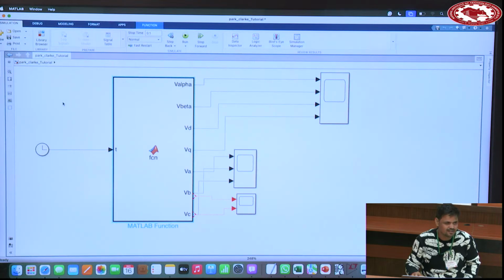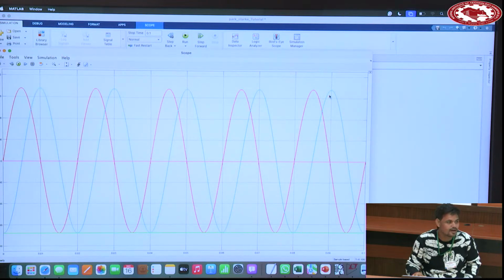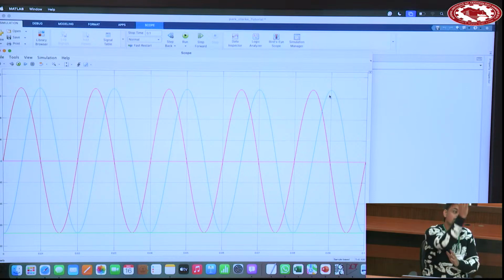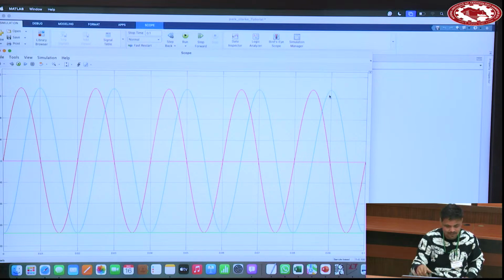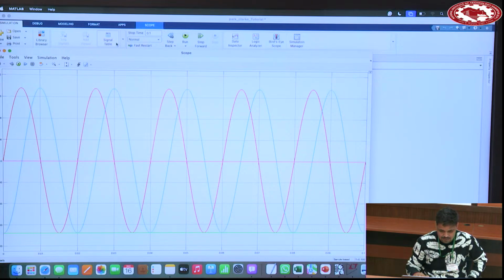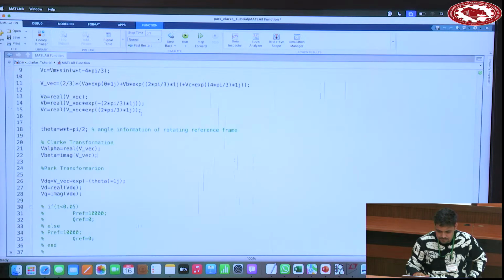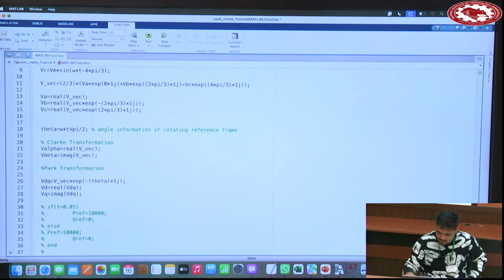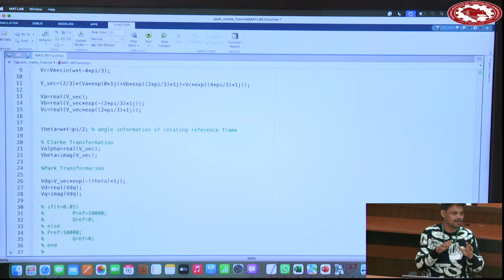The green one belonged to D, the pink one was Q. Now Q should be 0, so the pink one should be 0, and the green one should be negative peak. No, negative, because D is upward and in the space vector the position is downward. That's why. Verifying the concept: one of the components is 0. Put minus 90. Now VD will be positive peak and VQ will be 0.